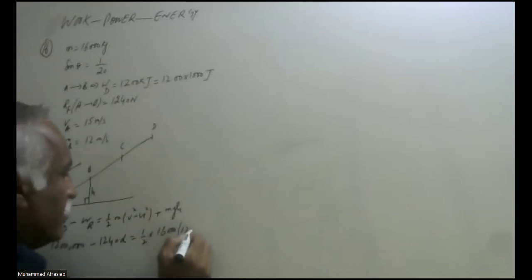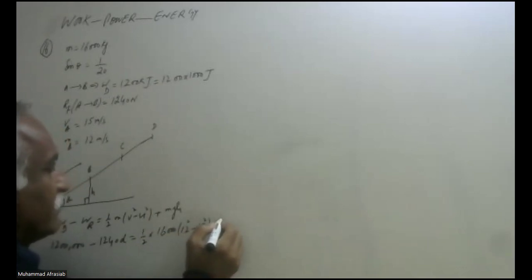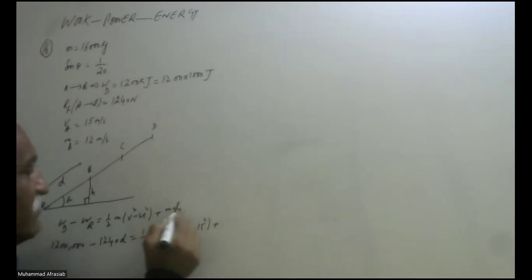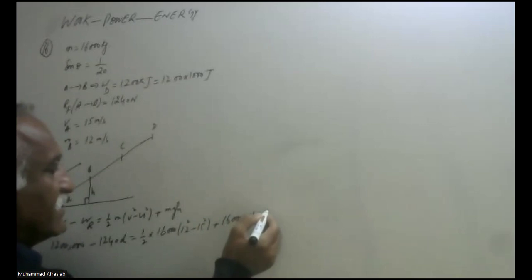V at point B is 12 squared minus 15 squared, plus mgh. m is the mass which is 16,000, g is 10, h into d.